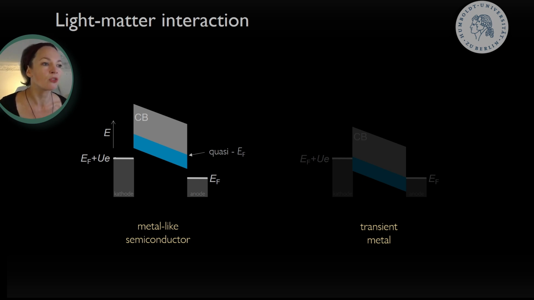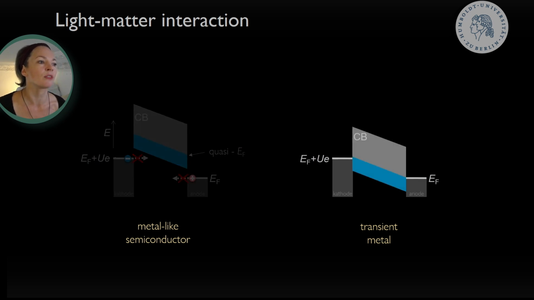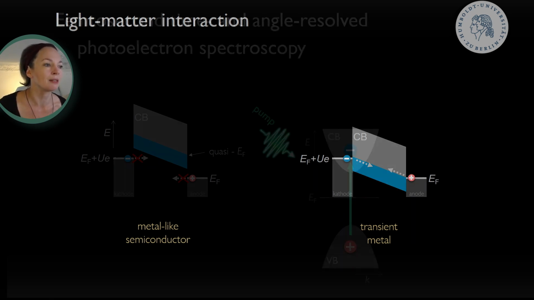You cannot run a current through the material because the quasi-Fermi energy doesn't align with the equilibrium Fermi energy. This is different in the case of the transient metal, where the Fermi energies align and we can just run a current through the photoexcited transient metal.